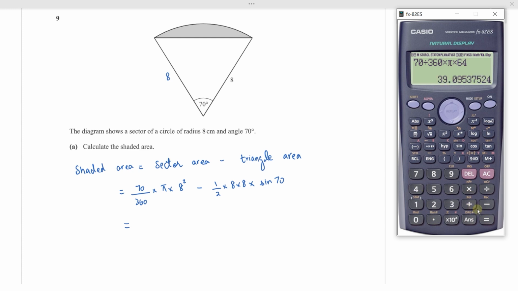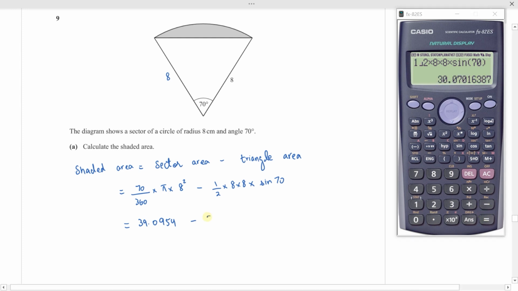So this is 39.0953, or let's say, let's round it off to 4, minus 1 by 2 times 8 times 8 times sine of 70.